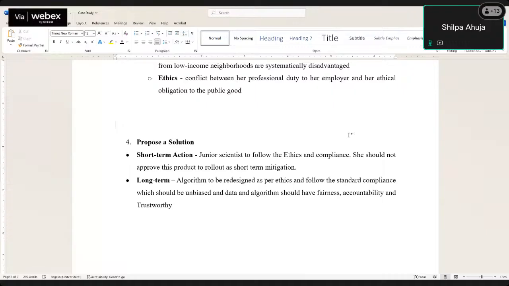Then on a long-term basis, we will redesign the algorithm as per ethics and follow standard compliance. The system should be able to take care of the distinction between low and high income neighborhoods, and should be fair, accountable, and trustworthy.